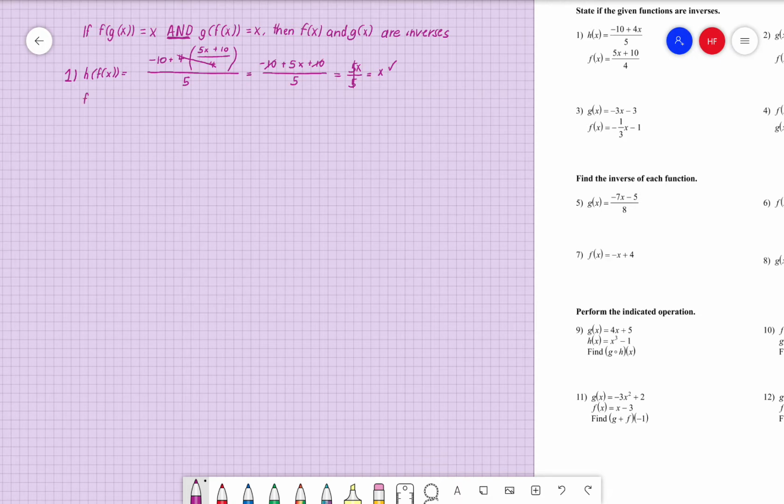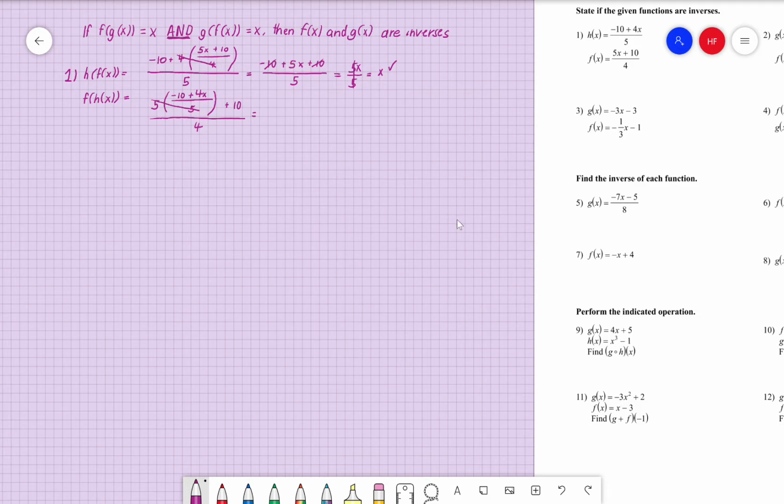Now let's check f of h of x. So with f of x, we have 5x. I'm going to replace x with all of h. -10 plus 4x all over 5. And then plus 10 all over 4. So again, we've got that fraction where the bottom is going to multiply out by the same number, and it's going to cross out.